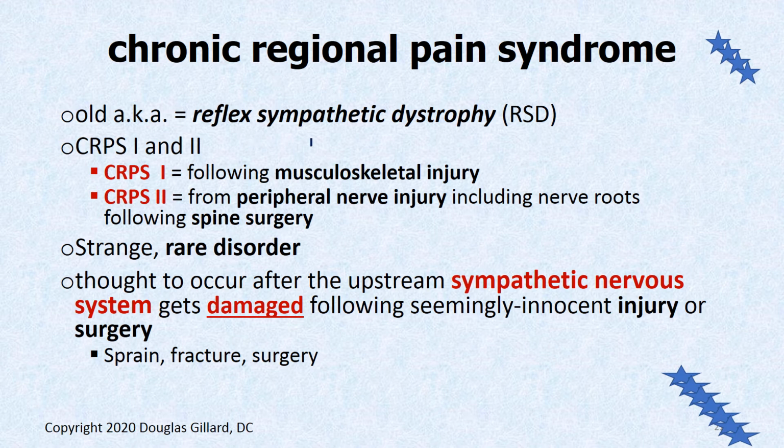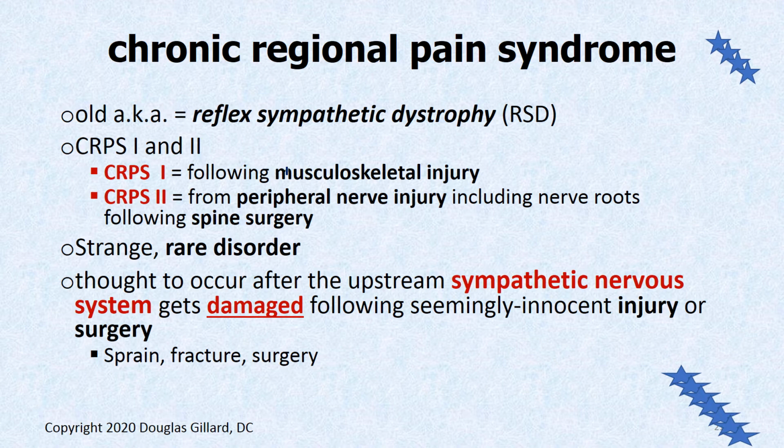It used to be called reflex sympathetic dystrophy. It was changed in the 1990s because there were two forms of it, and there's only one word for this, so they got rid of that name. CRPS1, this weird sympathetic phenomenon, occurs following a musculoskeletal injury like a sprained wrist, sprained ankle, fractured wrist, or fractured forearm.